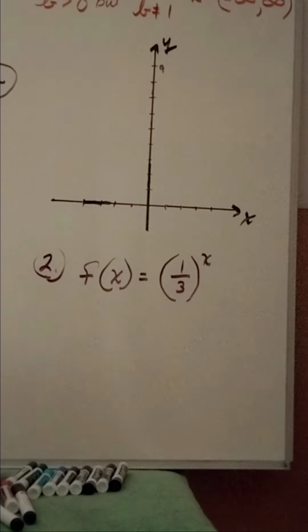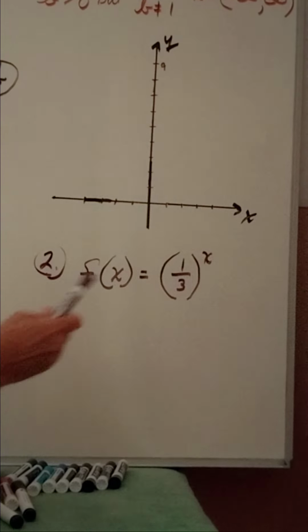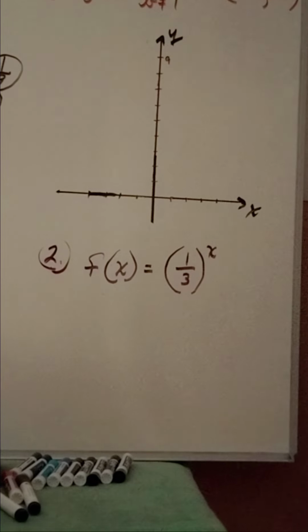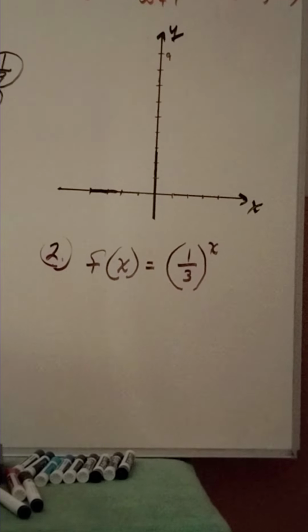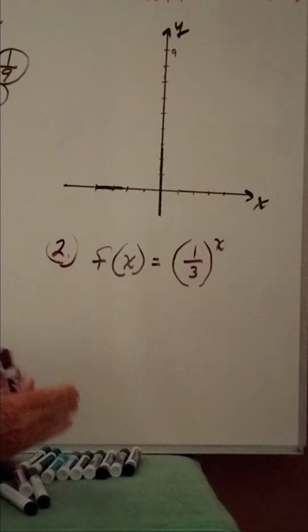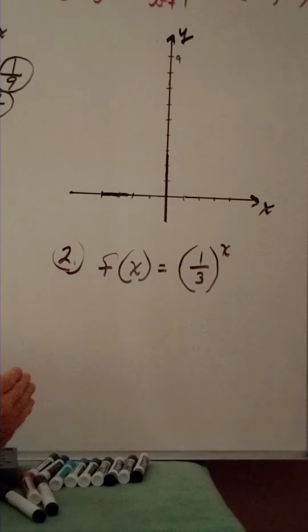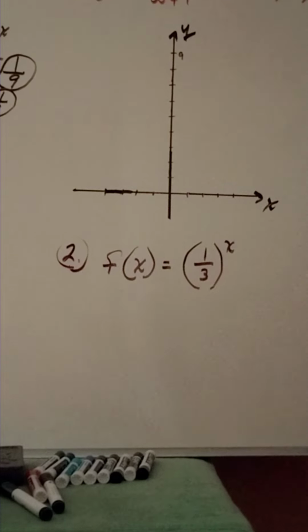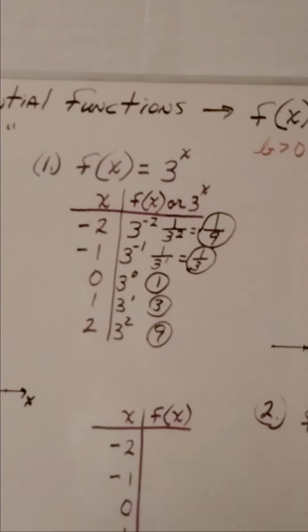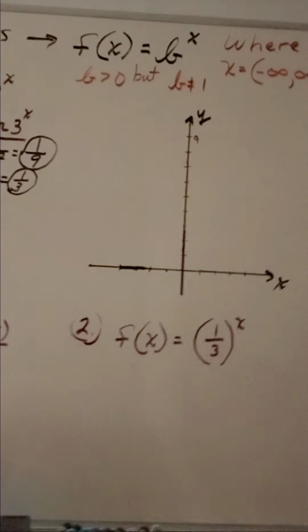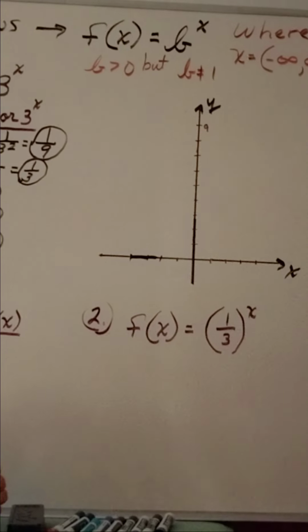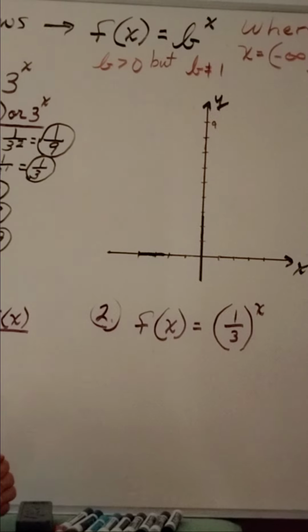So there is a primary reason why I selected this function where the base is greater than 0, but it is less than 1. Remember, the first one that we did was greater than 0, and it was greater than 1. This one has a base greater than 0, but it's less than 1. And we'll notice something different about its graph when we get it up there.